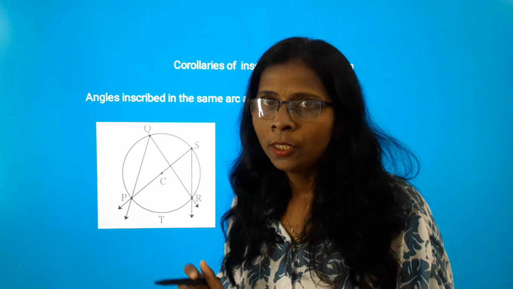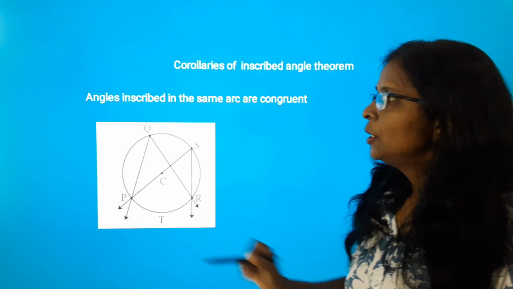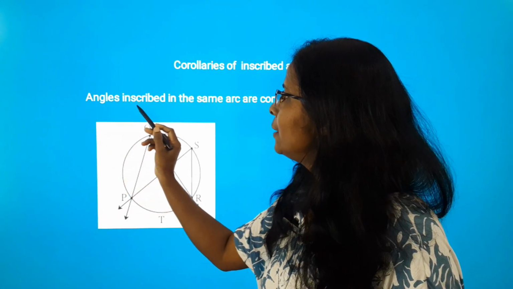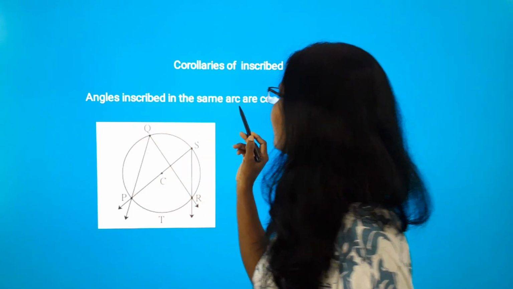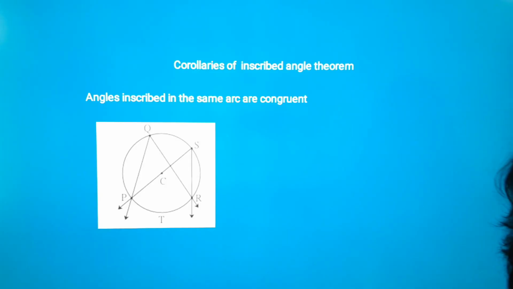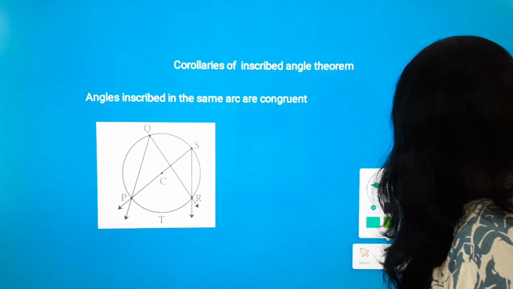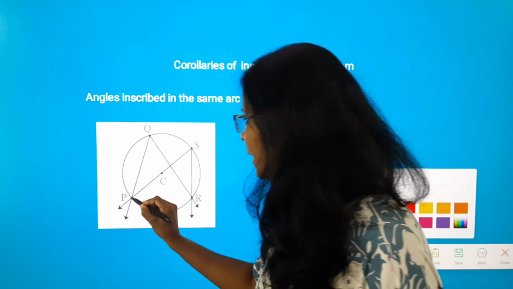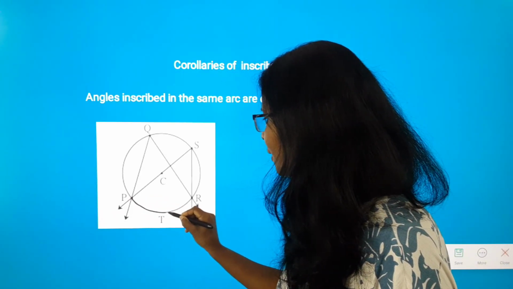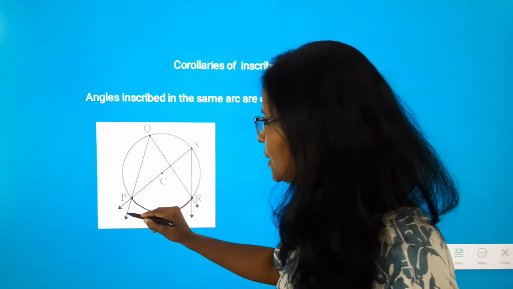The two corollaries of the inscribed angle theorem, students. The first one is that angles inscribed in the same arc are congruent. Okay, now see this figure, in this figure there is an arc PTR, and in this arc two angles are inscribed.